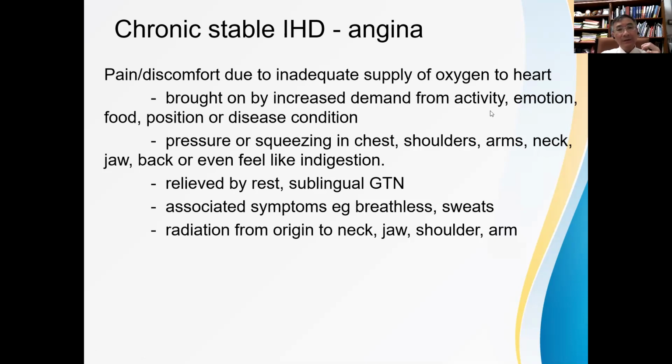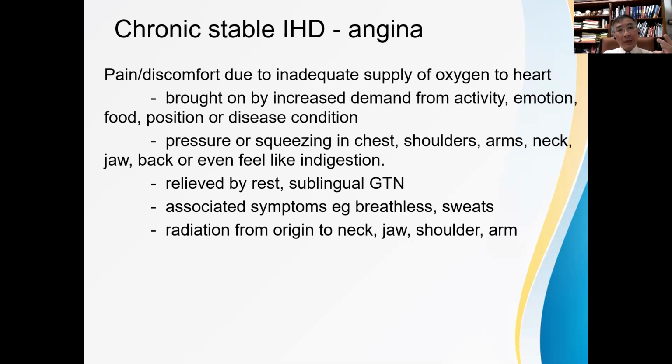The classical discomfort of angina is made better by resting and by using sublingual nitrates, putting a tablet of nitrate into the mouth under the tongue, let it dissolve so that it is absorbed through the buccal mucosa, and that will promptly relieve the discomfort within 3 to 5 minutes. A patient who uses nitrates and says that the pain goes away half an hour later is unlikely to be describing anginal pain.